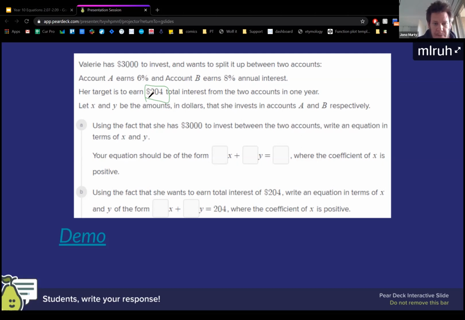This is quite a tricky one. So we know she has 3,000 to invest in total, so it's going to equal 3,000.